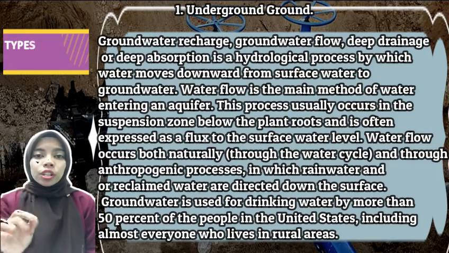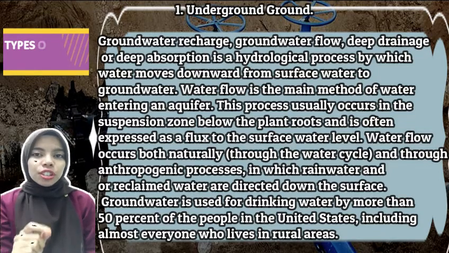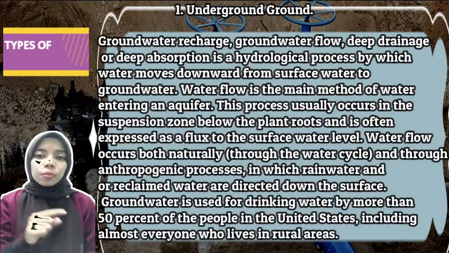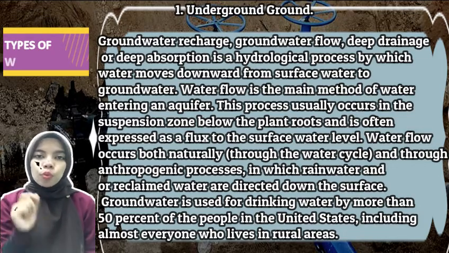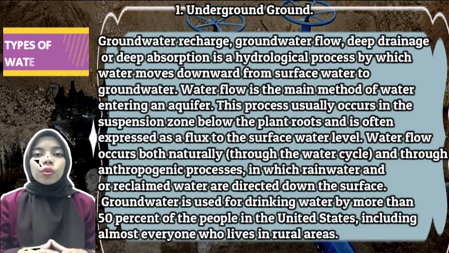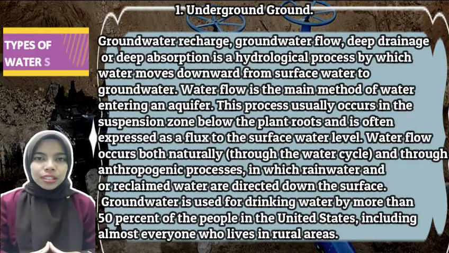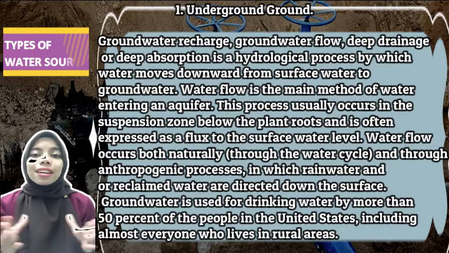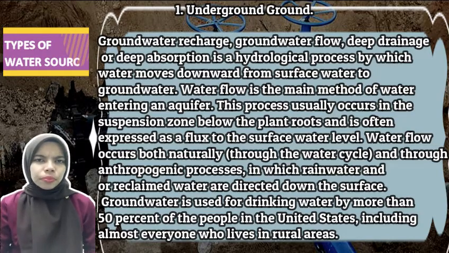This process usually occurs in the vadose zone below plant roots and is often expressed as a flux to the water table surface. Recharge occurs both naturally through the water cycle and through anthropogenic processes, in which rainwater and or reclaimed water is directed down to the subsurface.